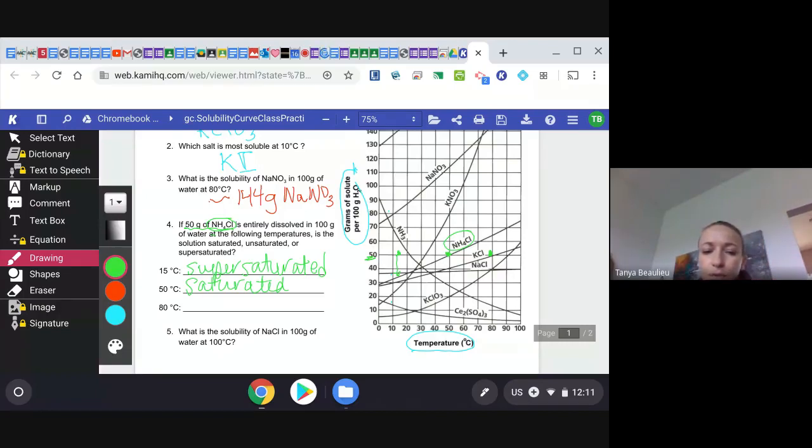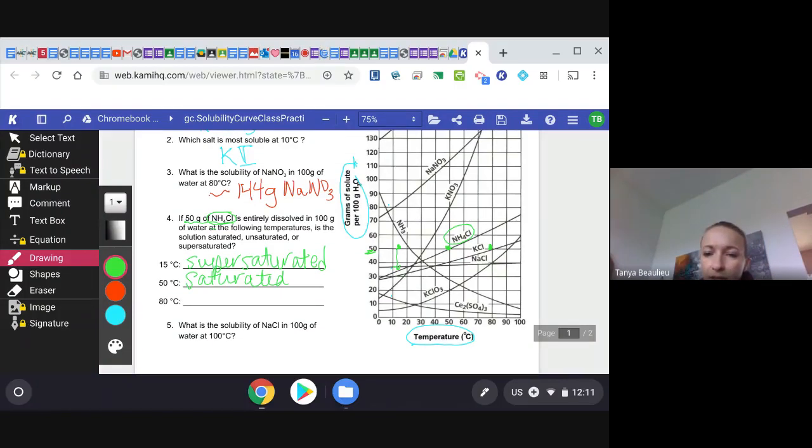And the third one at 80 degrees Celsius, so if we look at that one in relation to the ammonium chloride line, you could see it's under the line. Since it is under the line, below the curve, we will call that an unsaturated solution.